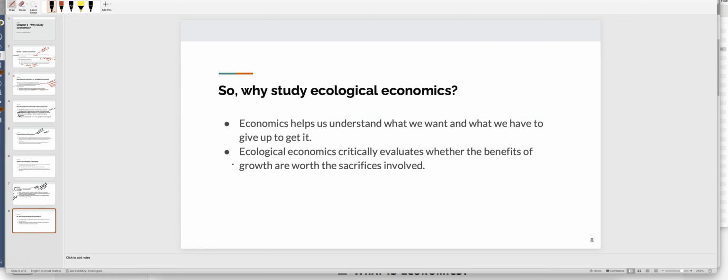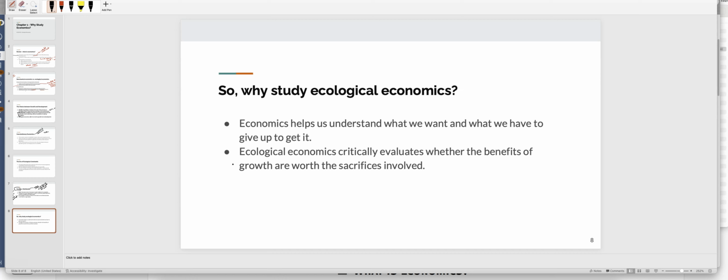And so that's what takes us to this last concluding slide here. Economics as a field in general, from even when you took 201 or 202, what may have attracted some of you to economics, was that it did help us understand what we wanted, and this idea that there were trade-offs, there were opportunity costs to doing some things, and that to get more of one thing, you had to sacrifice something of the other.